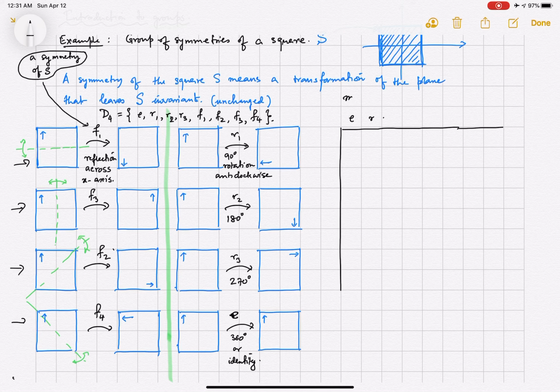This is called the multiplication table of D4, sometimes also called the Cayley table, in honor of Cayley, who did a lot of foundational work in group theory. Here are the 8 things. Here are the 8 elements of the group again. Oops, there's no R4.